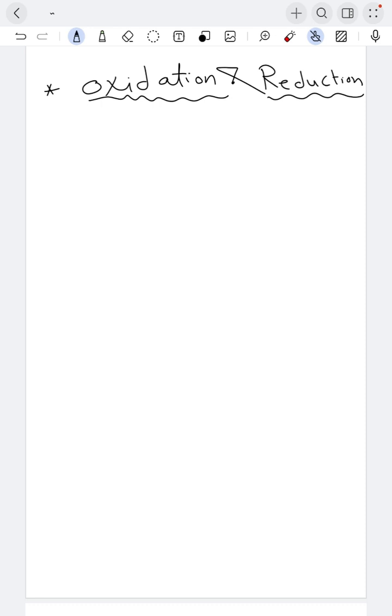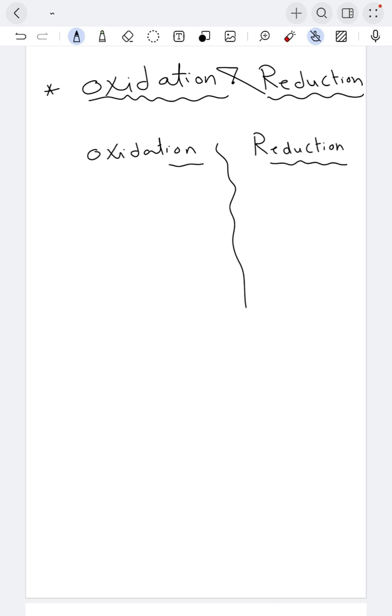Okay, first we have here oxidation and here is reduction. We will write some definitions for each one in order to know how I can differentiate between oxidation and reduction.